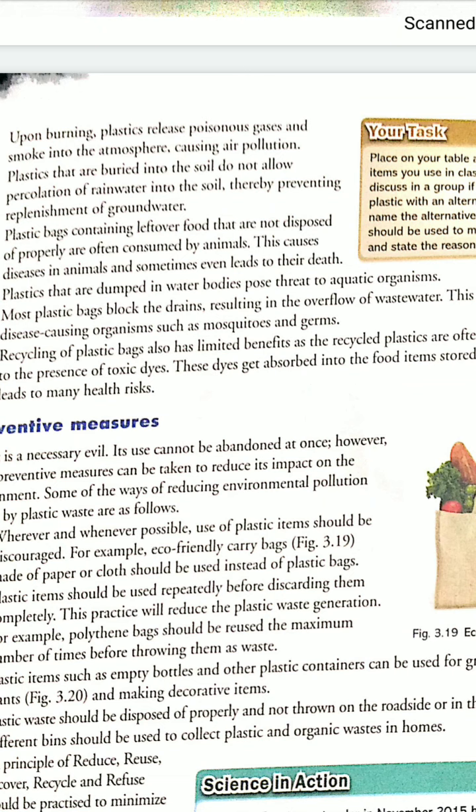The rainwater will not be absorbed by the soil, and it will stop the replenishment of underground water. So in every aspect, the disposal of plastic is not so easy for us.